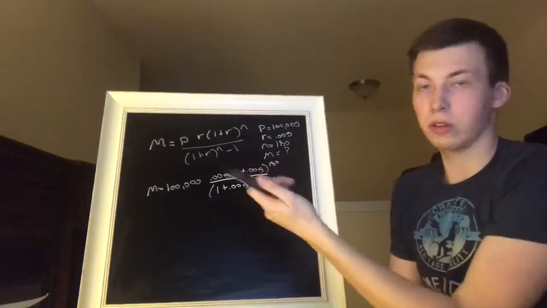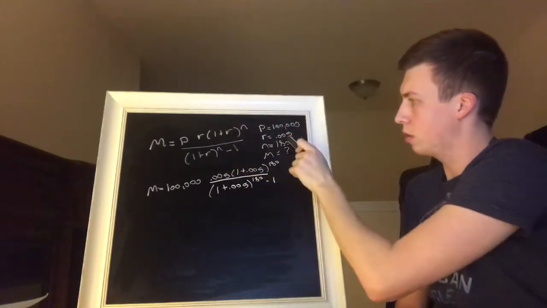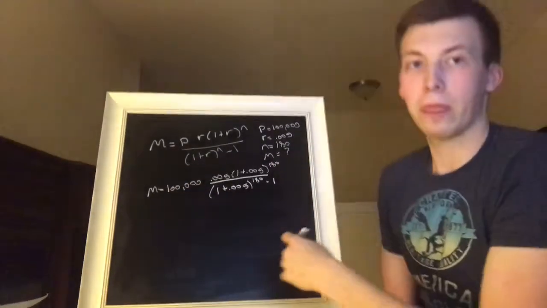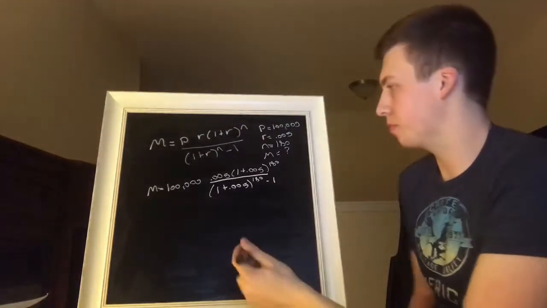So all you do basically is fill these values into the equation once you figure them out, since we're going to get the monthly mortgage payment. And then all you really want to do after that is simplify.